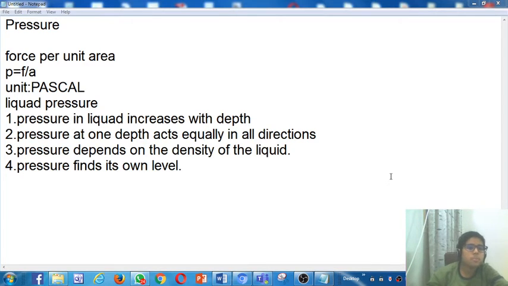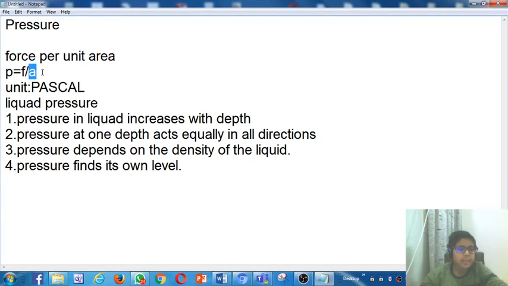What is pressure mainly? Pressure is force per unit area, so we can also write it as P = F/A. What is the relation of F with P, P with A, and A with F? I'll explain. As the force increases, the pressure increases, as pressure is directly proportional to force.